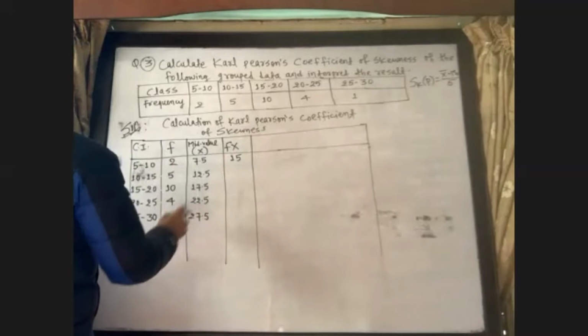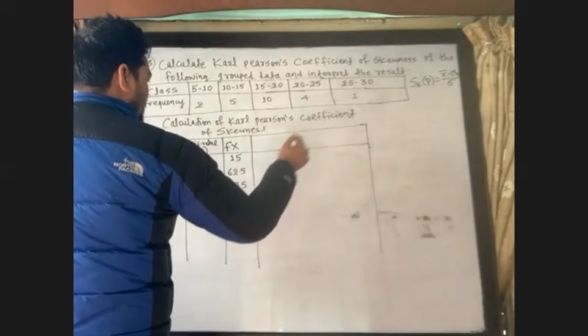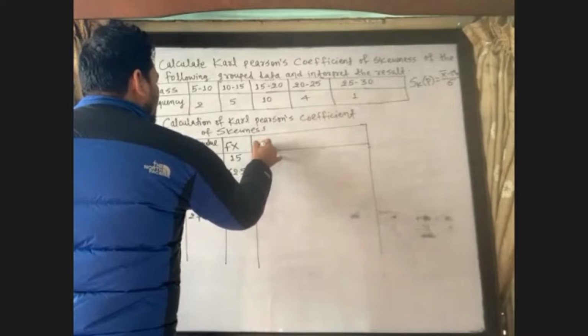Okay, 12.5 into 5, if we multiply this two, we'll get here 62.5. 17.5 into 10 is 175. 22.5 into 4 will be 90. Then 27.5 into 1 is 27.5. So fx we found. Now for standard deviation let's find x square.